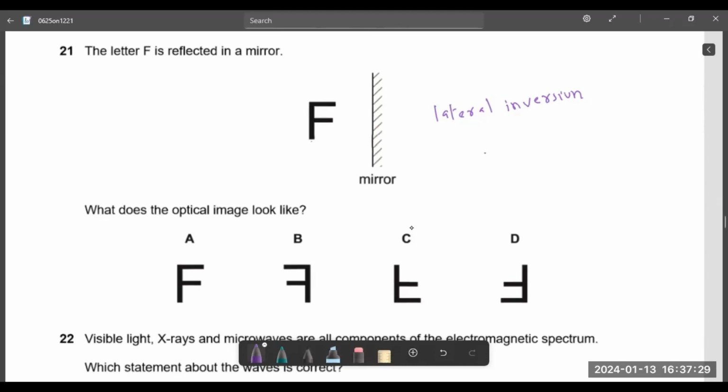Just the image will get reversed. Direction will get reversed, with a reversal of direction in the horizontal axis. So here the right choice is B. It will not get inverted and all. It will just get reversed in horizontal axis.